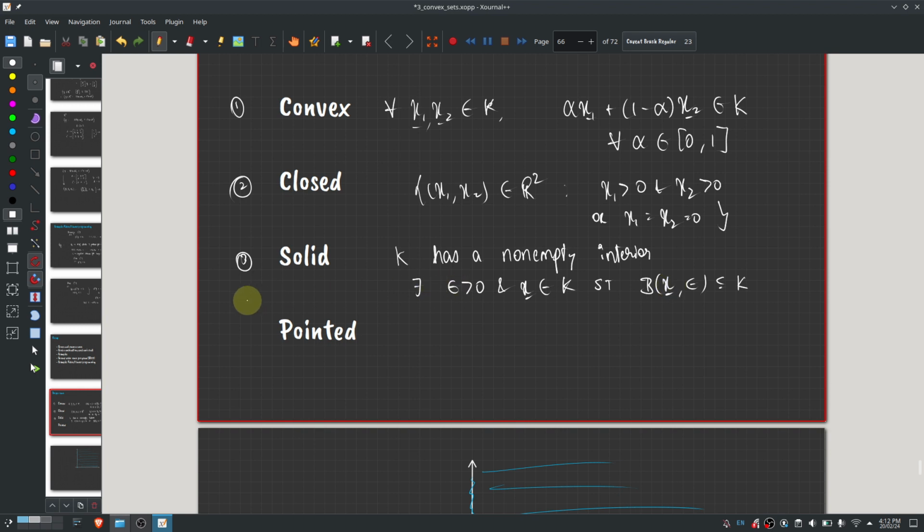The fourth property that we will require is that the cone be pointed. It says that if x belongs to K and it's a non-zero vector, then minus x cannot belong to K.